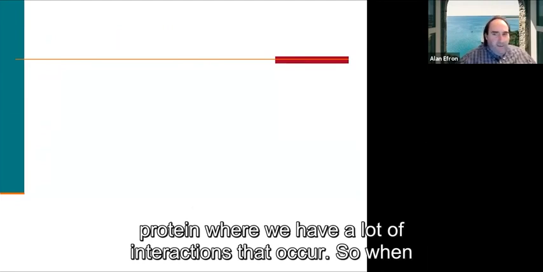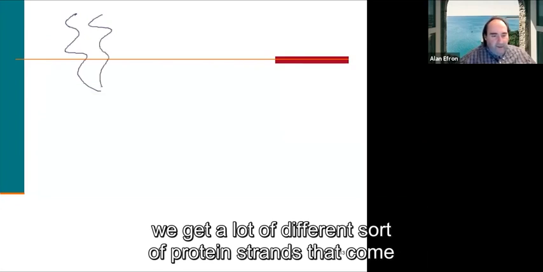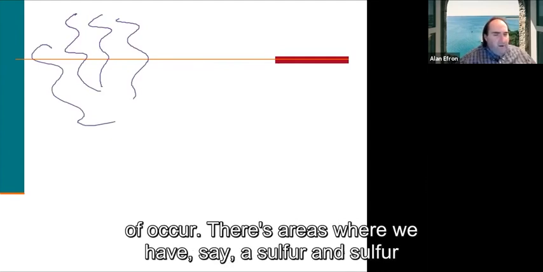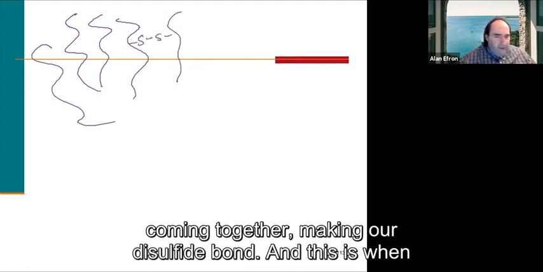And just to finish up, there's also quaternary structure of a protein, where we have a lot of interactions that occur. When a lot of different protein strands come together, we get 4 different types of interactions. There are areas where we have, say, a sulfur and sulfur coming together, making our disulfide bond.